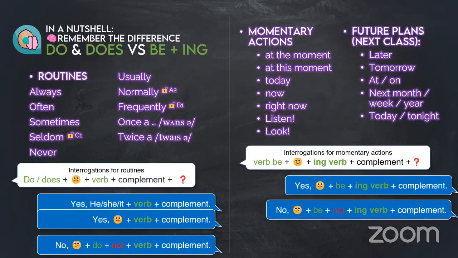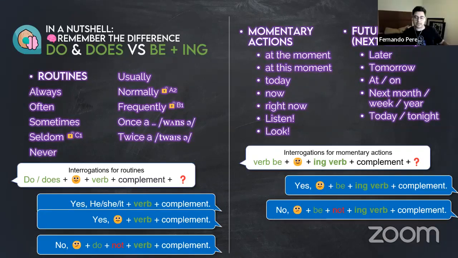So I need to change the start of the question or my question? You need to change the start. Yes, totally. According to the structure, you need to match the context with the structure. So what is the context? First, select. Are you speaking about present, routines, or future plans?